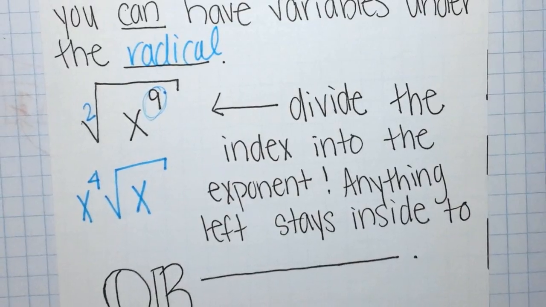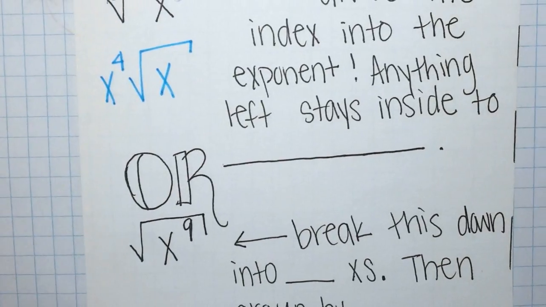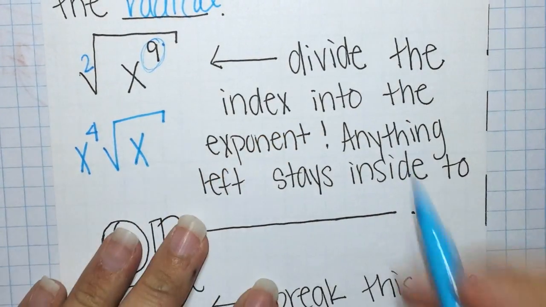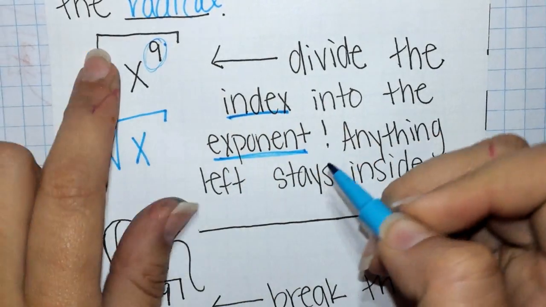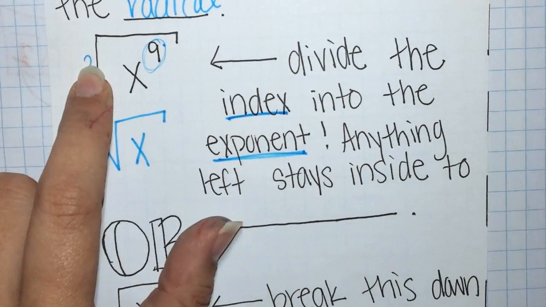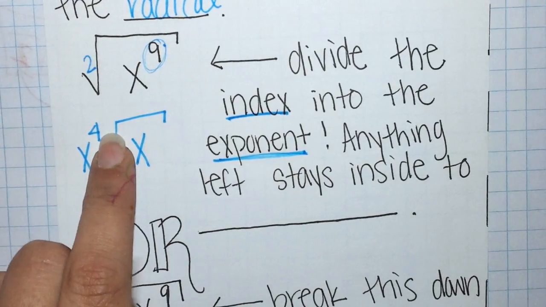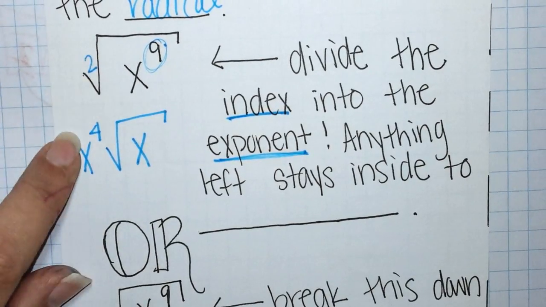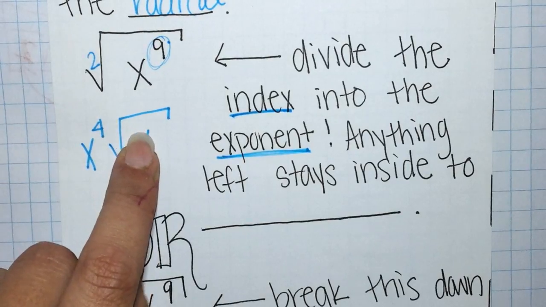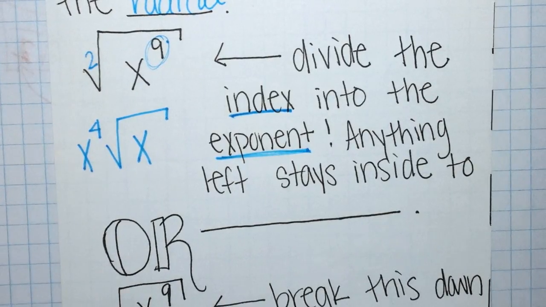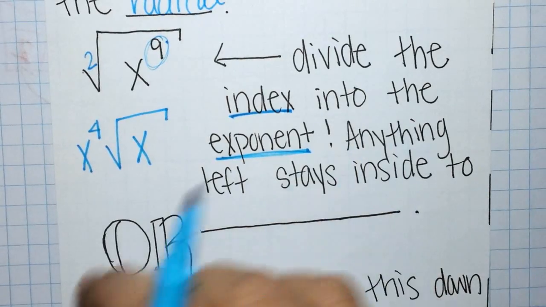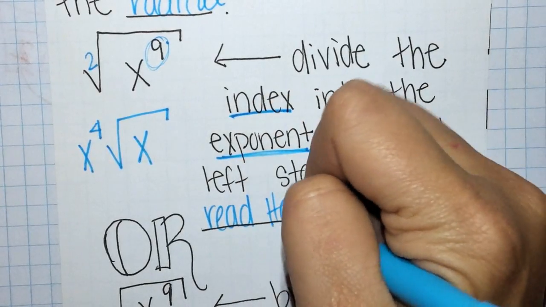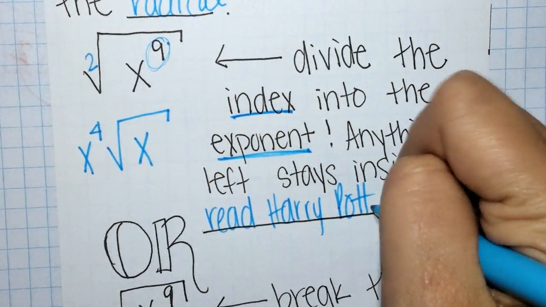So what you do is you divide the index into the exponent. 2 goes into 9 4 times, so we bring x to the 4th outside. There's 1 left over because 2 times 4 is 8, and 9 minus 8 is 1. Anything left stays inside. What do they do when they're staying inside? They read Harry Potter. Take a point.